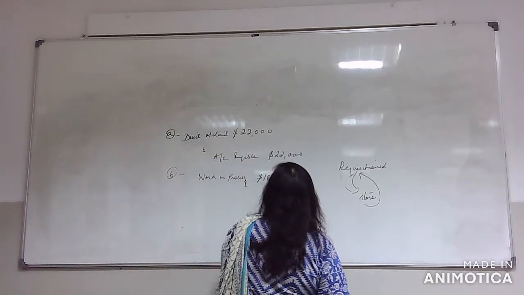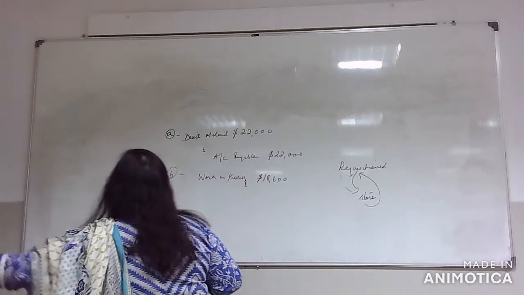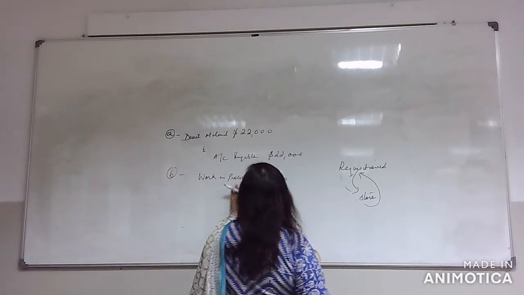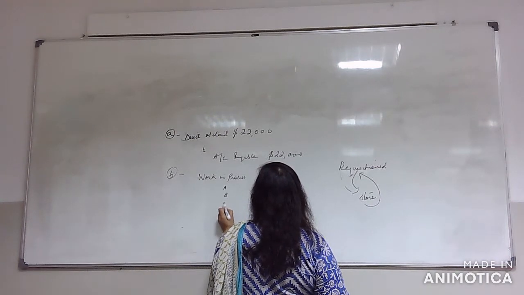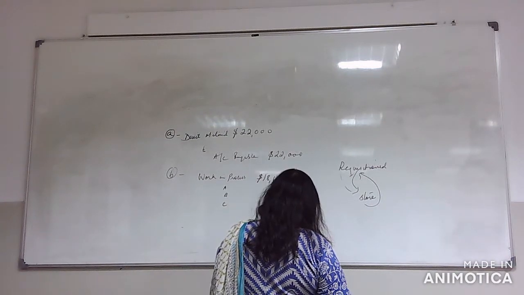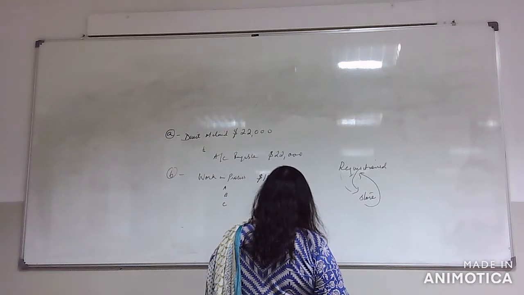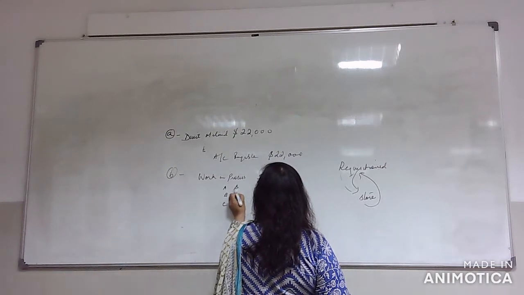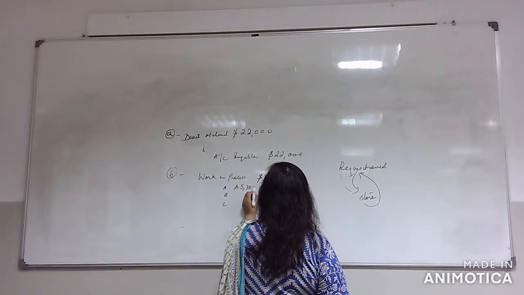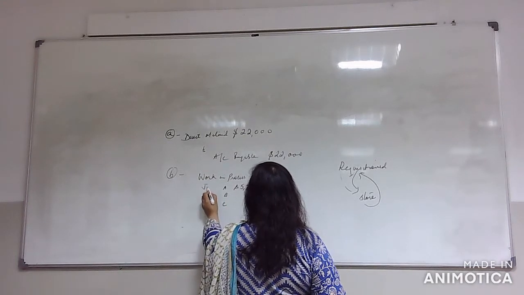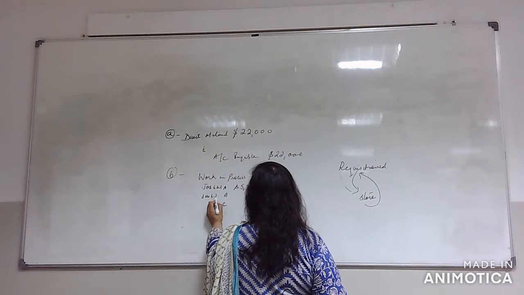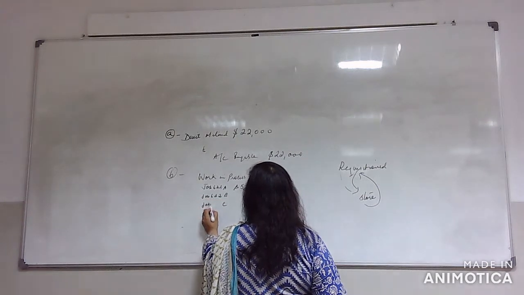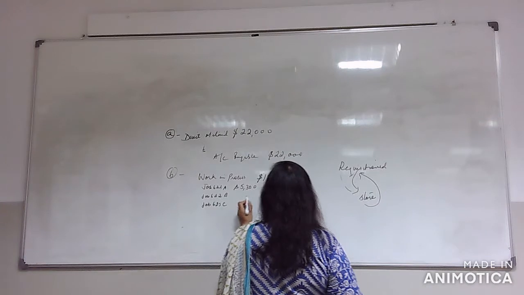So then write that this is for A, B, and C. This is 5,300 job 621. Then this is job 622, and this is job 623.